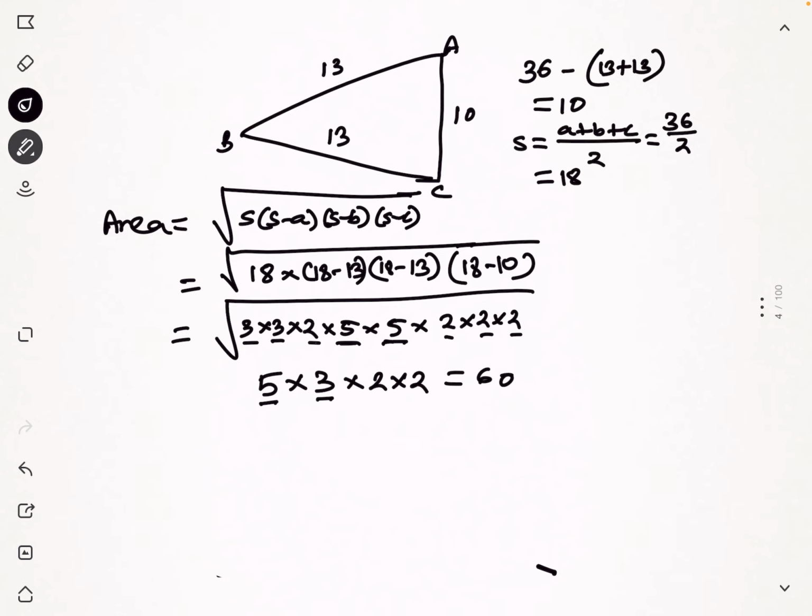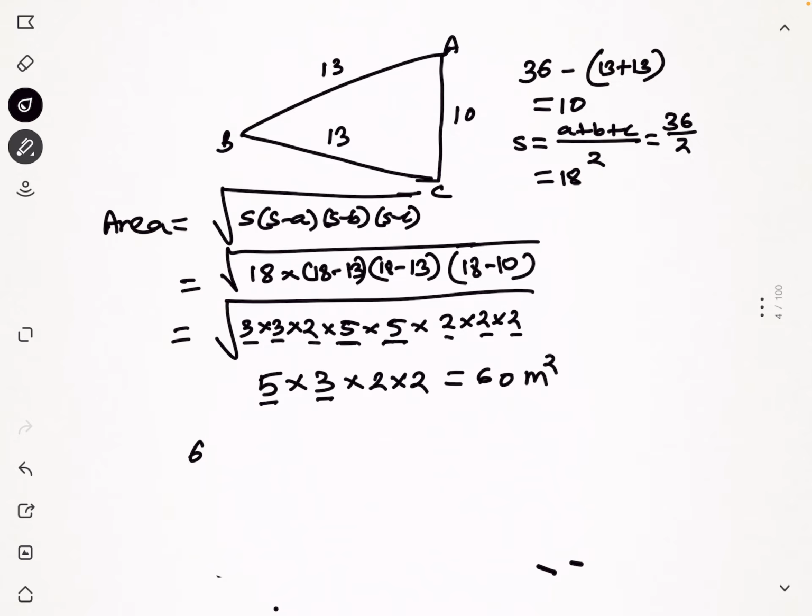What's the unit they have given? It's meters. So 60 meters square is the area of the triangular advertisement board. Now we want to find the cost of painting it at the rate of 17 rupees 50 paise. So what is the cost of painting it?